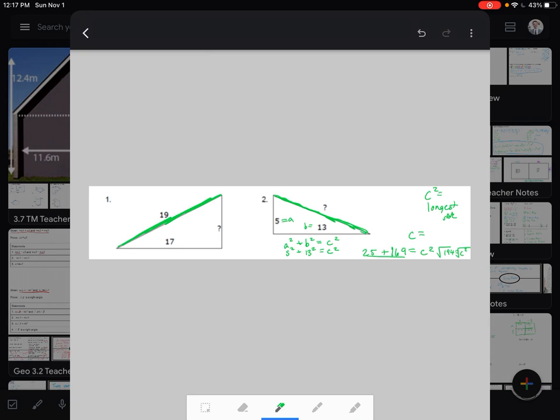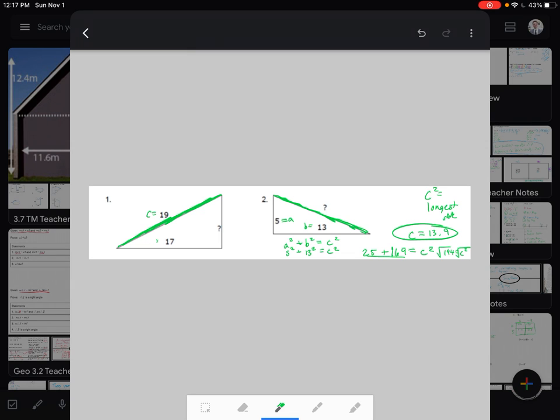So again, we don't want 194, we don't want c squared, we want just c. So to do that, actually a messy decimal here, we'll get like 13.92, or 13.9. So we can leave it as that, and that is our missing side length. So again, a little bit of calculation needed here. We're taking those square roots, but we're in good shape. And a final thing to check for reasonableness, we said that c is our longest side. Well, of 5, 13, and 13.9, 13.9 is the longest side, so that works for reasonableness there.